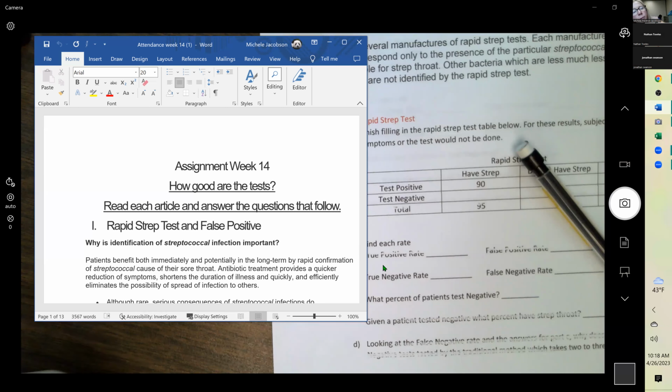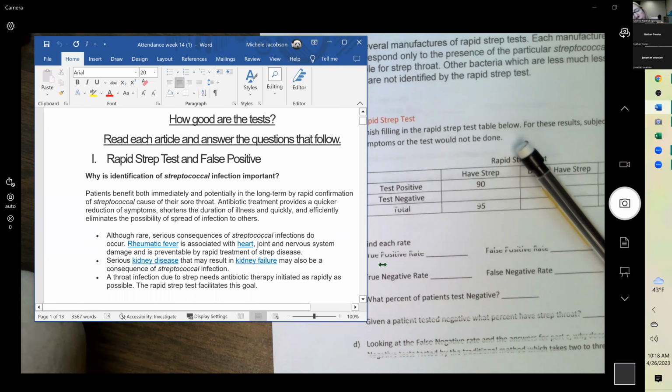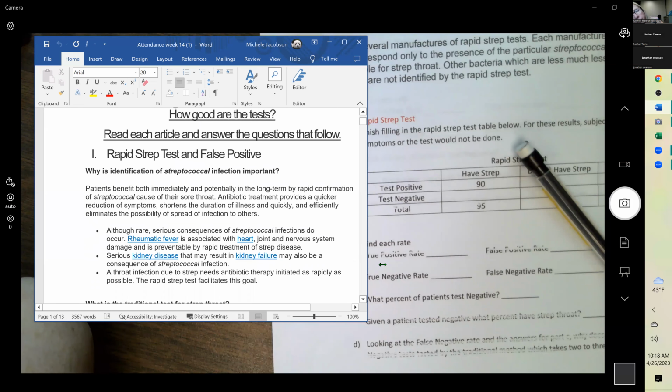The strep throat test. The thing with strep throat is if it's not taken care of with an antibiotic, it can cause all of these problems: heart, joint, nervous system, kidney failure. It needs an antibiotic or it can kill you.